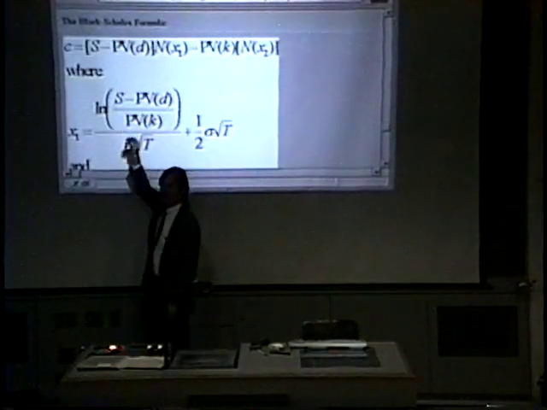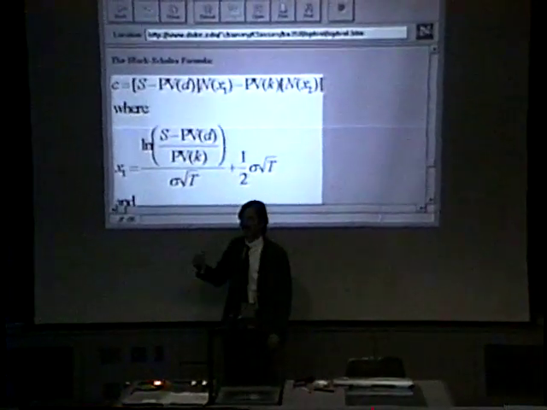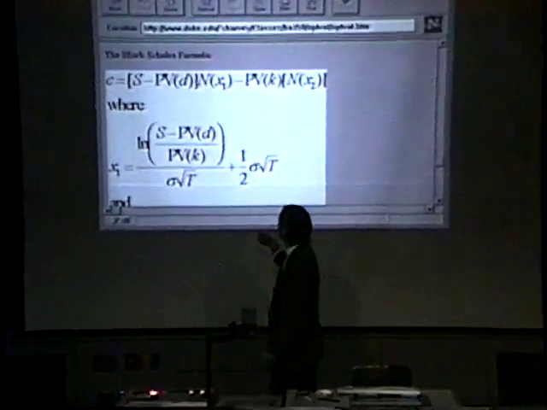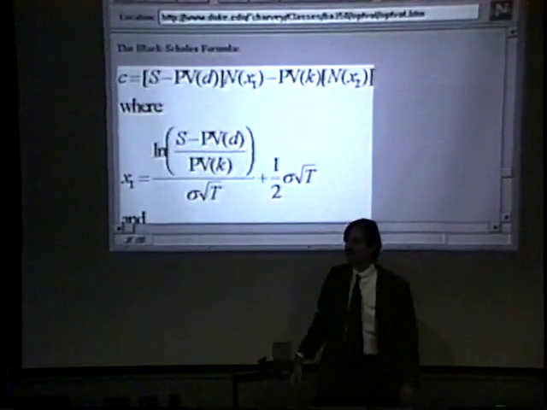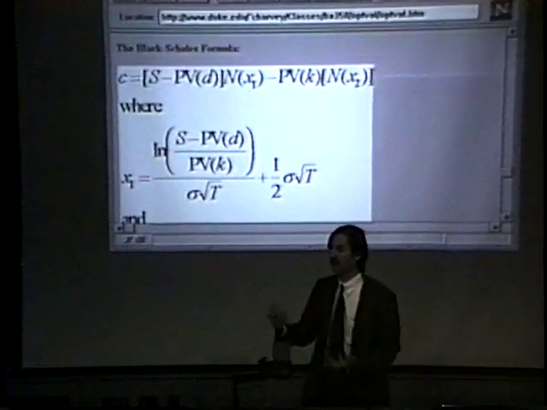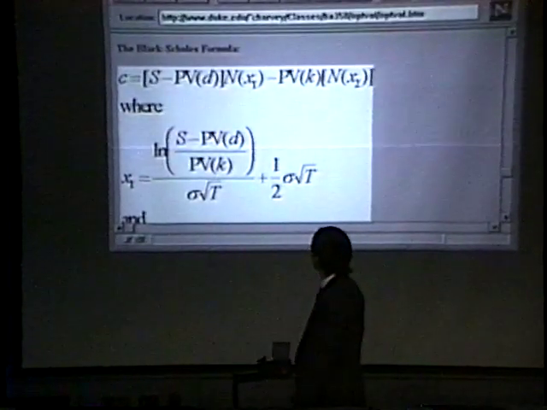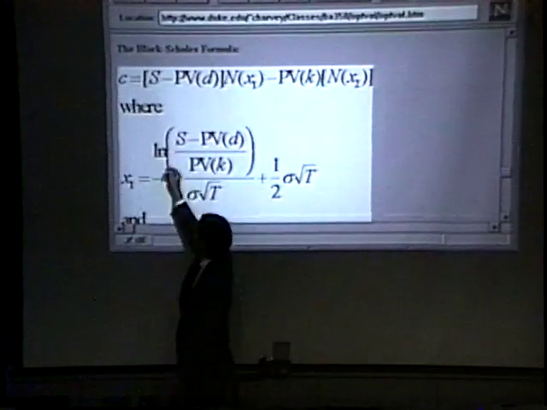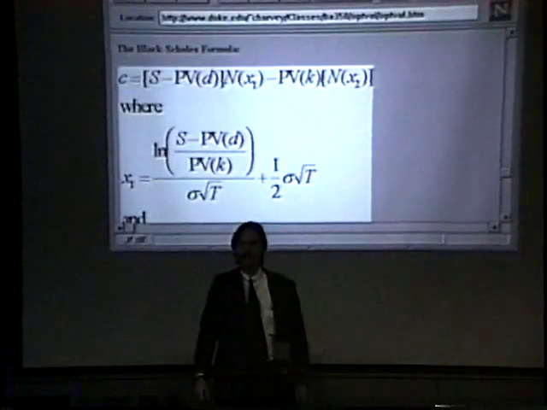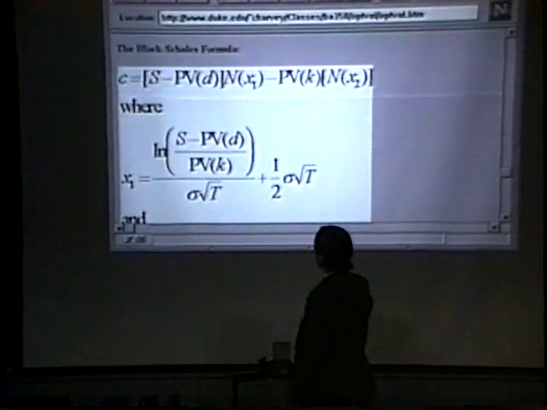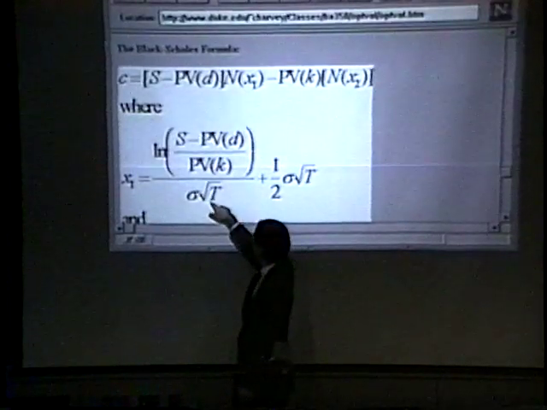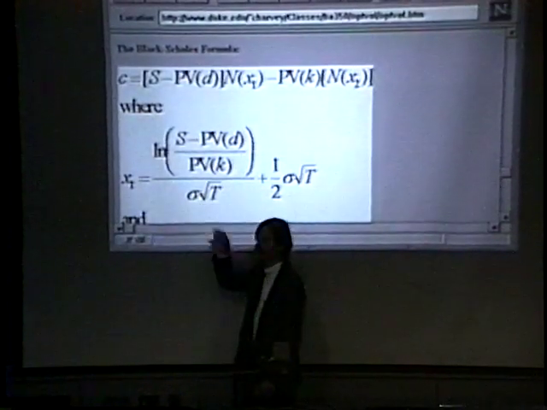This is an extreme example, and I didn't mean to be precise in terms of the actual numbers. S is 200. PVK is, let's say, 90. So we get something greater than 2. Take the natural log, and it's 0.6 something. I assume that T was 1 year, and sigma was 0.2.